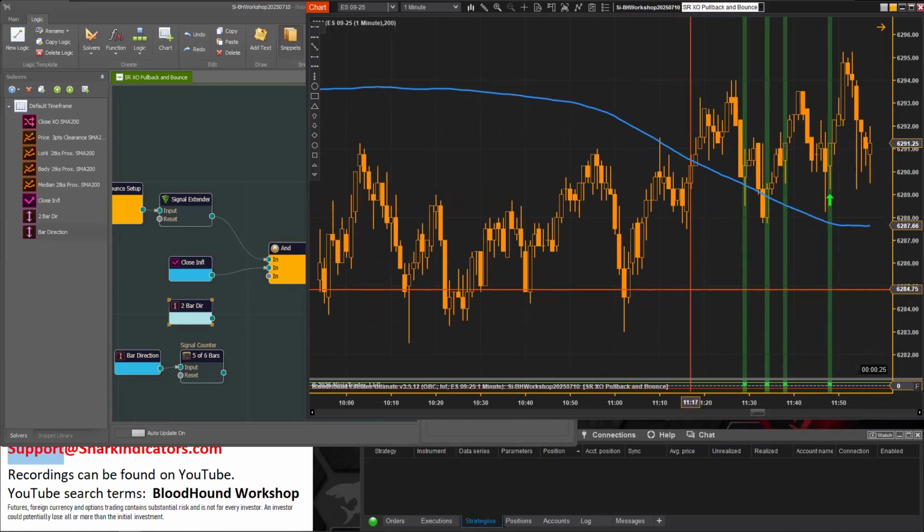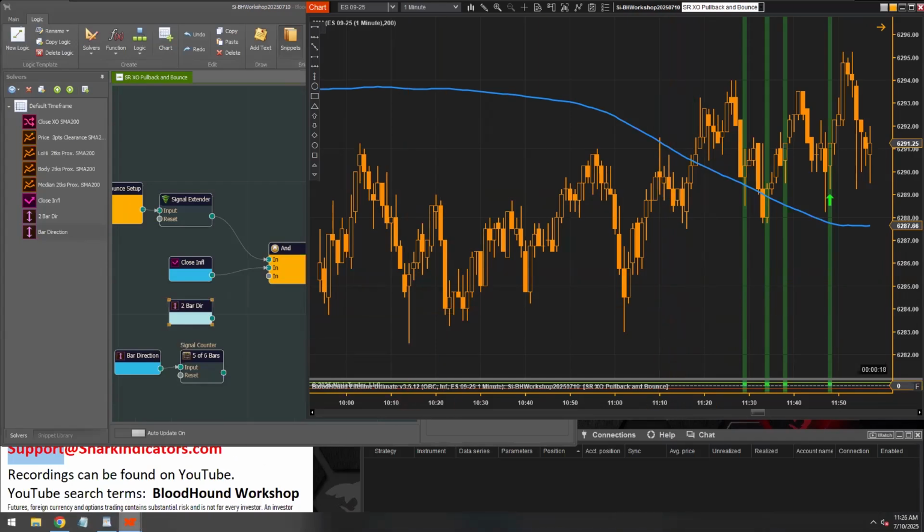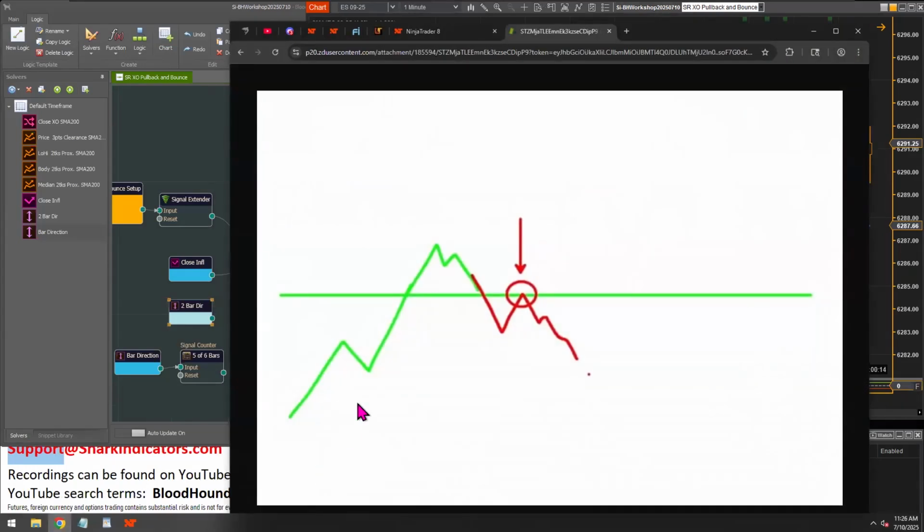There's actually another component to this that might need to be considered, which is, if we look at our drawing, we had price well below the support resistance level here.